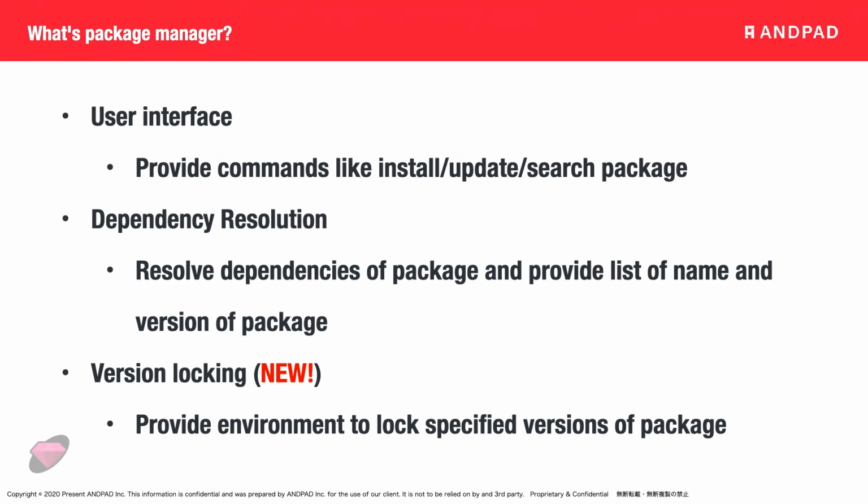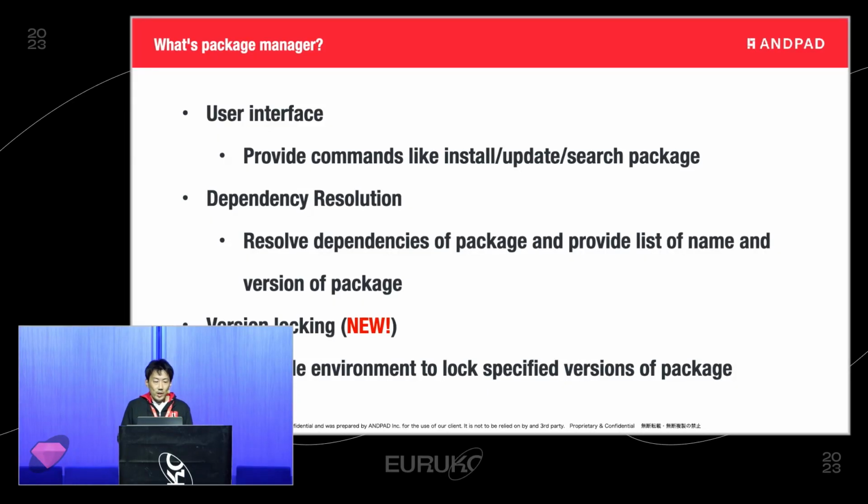Secondly, it undertakes the task of resolving dependencies among package names and versions. Additionally, a crucial feature it provides is version locking. This functionality ensures the availability of a consistent list of packages, regardless of the Unix processes.